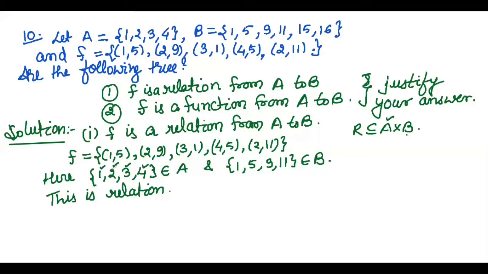Then 2 belongs to set A. Similarly, when we are applying here, then second coordinate of the ordered pair, that means 5, belongs to set B. Then 9 belongs to set B. Here 1 belongs to set B. And 5 belongs again to set B and 11 belongs to set B. So all first coordinates of ordered pairs belong to set A and second coordinates of ordered pairs belong to set B. So this is clearly a relation.